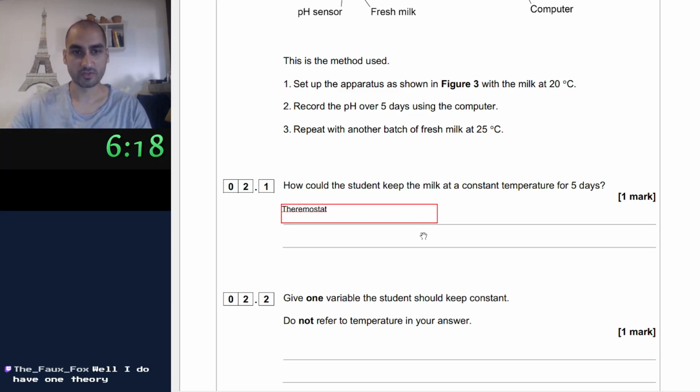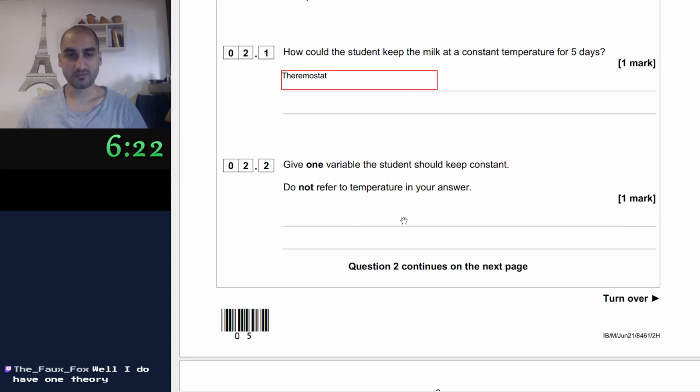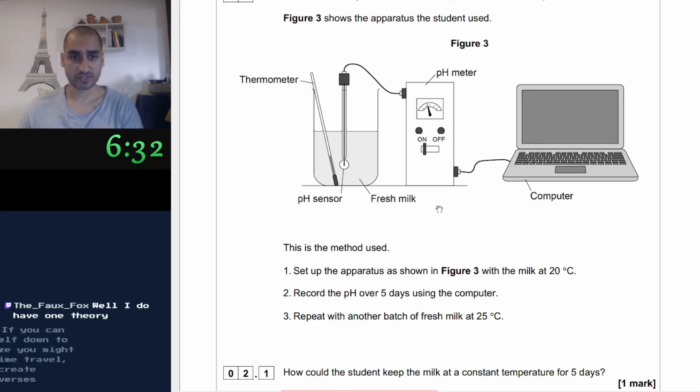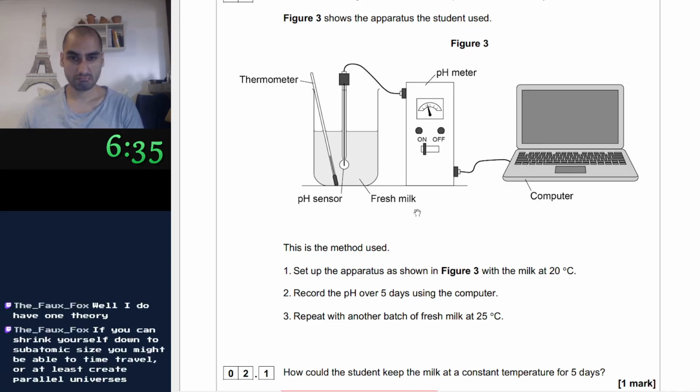I mean, a thermostat just controls a heater or something. Give one variable the student should keep constant. Do not refer to temperature in your answer. One variable that should be kept constant. The temperature.